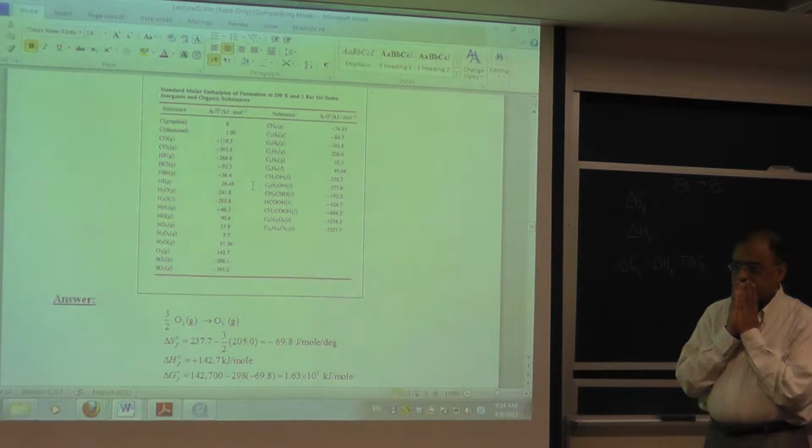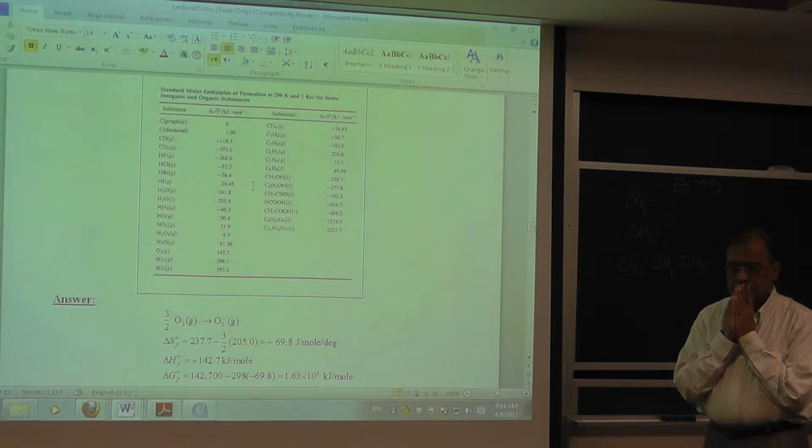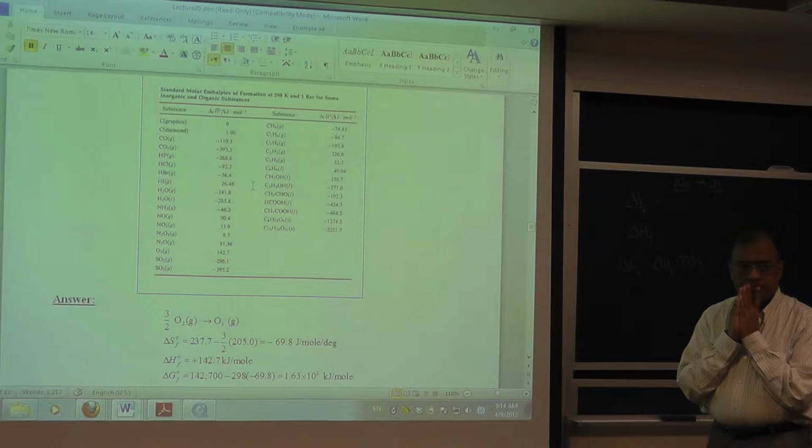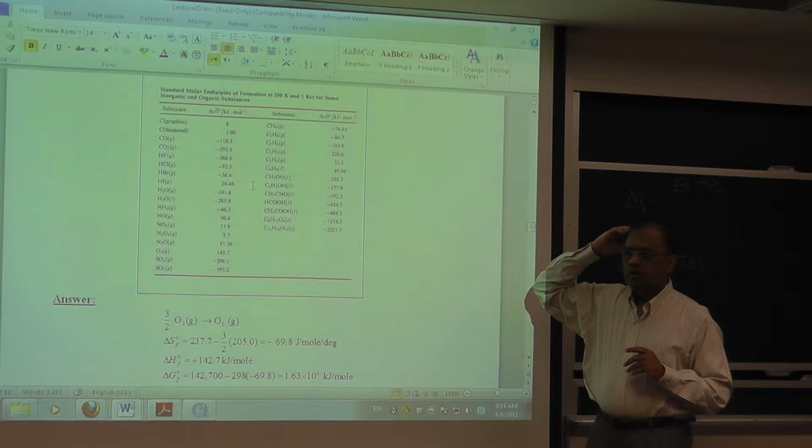Questions? Which should correspond to the value in the first table, right?